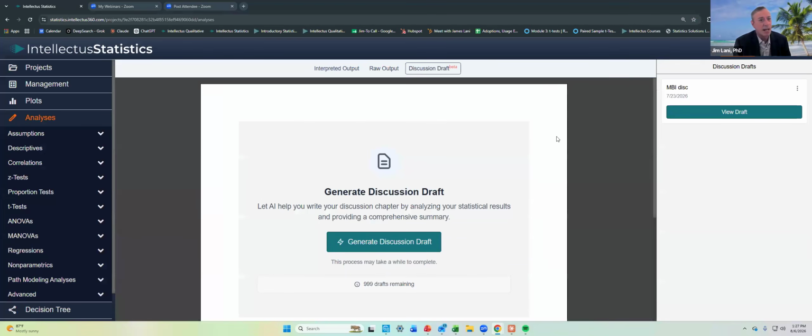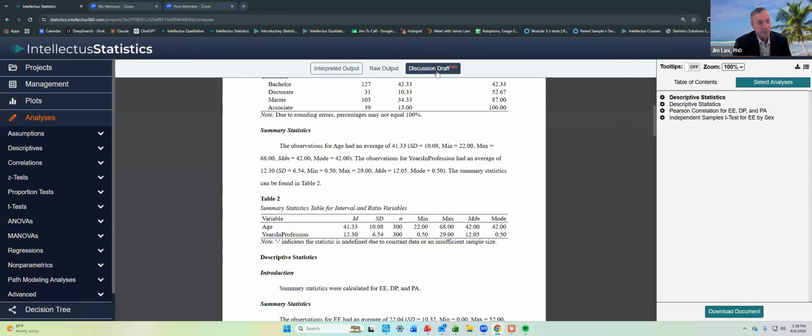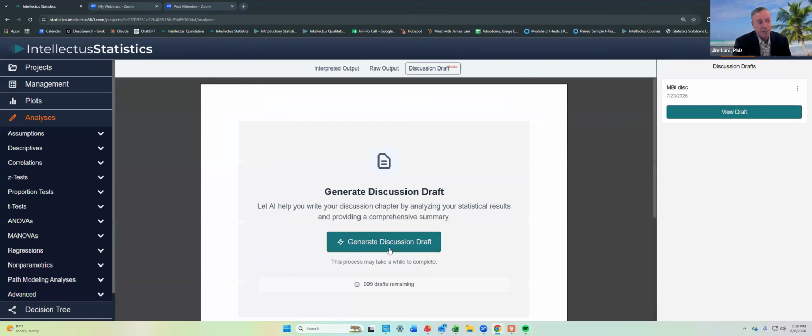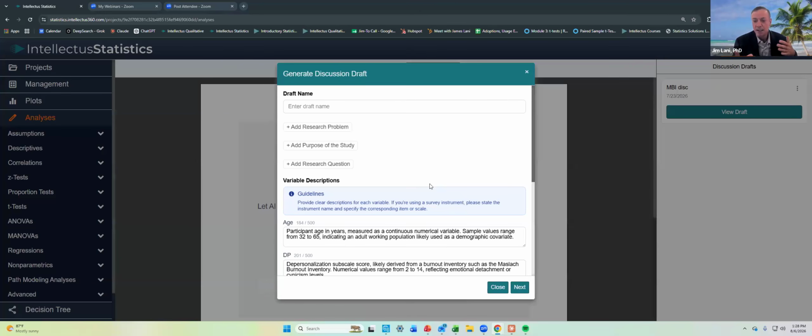Once you have your data and your analyses, you can go to discussion draft and generate a discussion. What this is going to do is contextualize your findings and go out into the literature and look to see how your results confirm or not the literature that's out there.